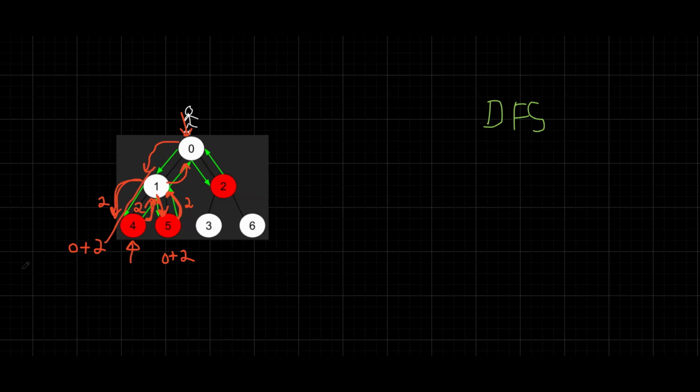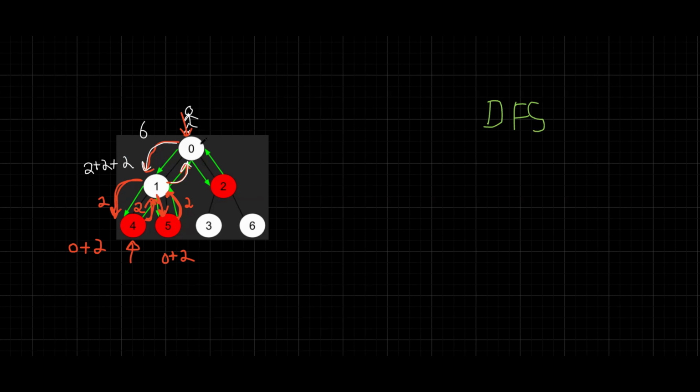As the children of node 1, 4 and 5, have apples, node 1 will return its left subtree value 2 plus its right subtree value 2 plus an additional 2, which is the time needed to go from 0 to 1 and get back from 1 to 0. So node 1 will return the value 6.